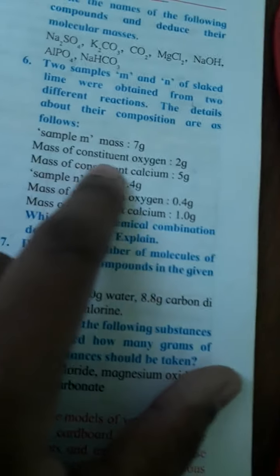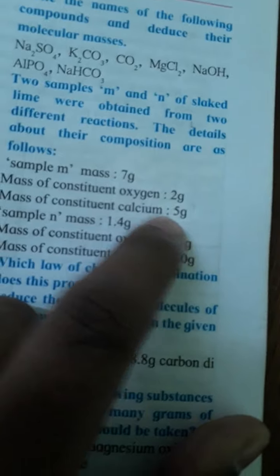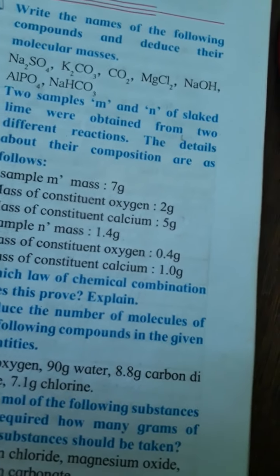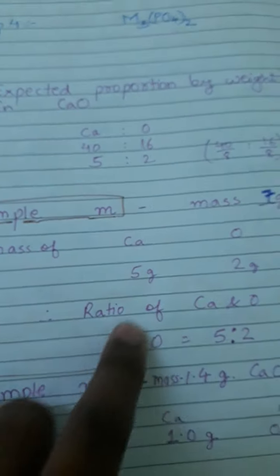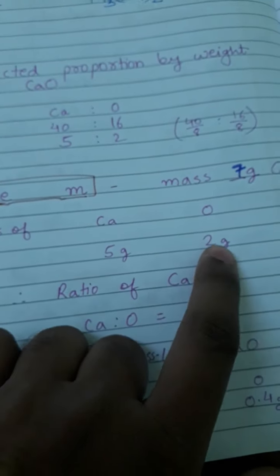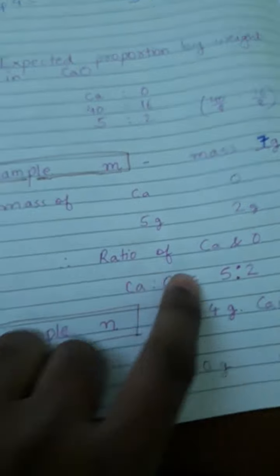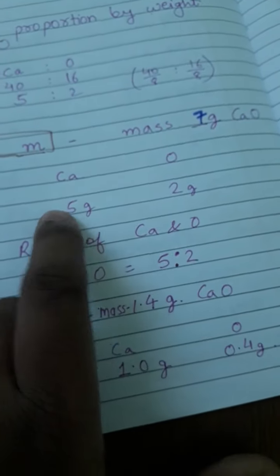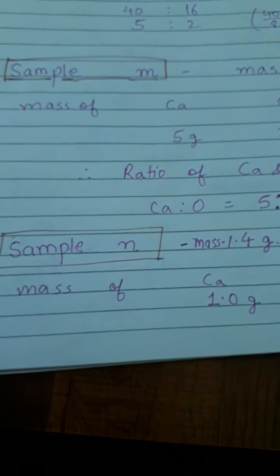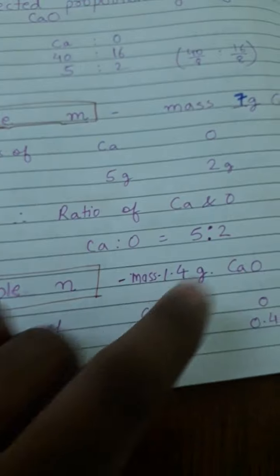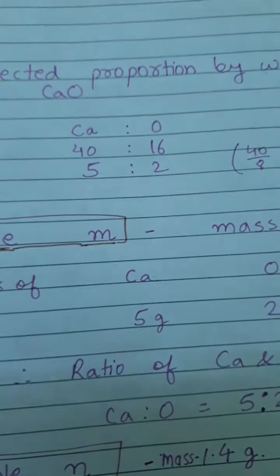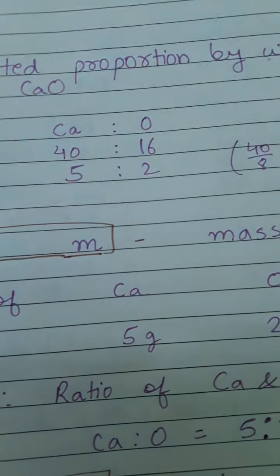Here it is given as calcium 5 gram and oxygen 2 gram. So when we take the ratio of calcium and oxygen, we simply get 5:2. This ratio matches the original ratio of calcium and oxygen in calcium oxide.